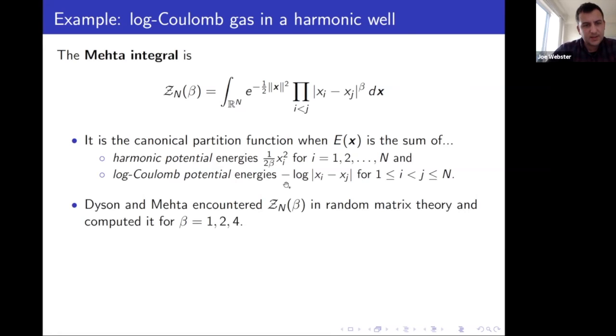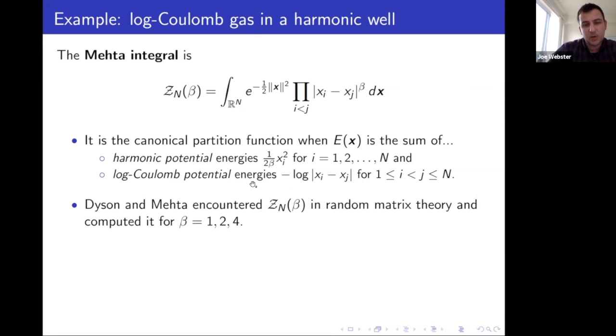Okay, and it gets its name from the fact that Dyson and Mehta studied this a while back in the early 60s. They noticed that when beta equals 1, 2, or 4, this density function actually tells you how the eigenvalues of n by n Gaussian random matrices are distributed.